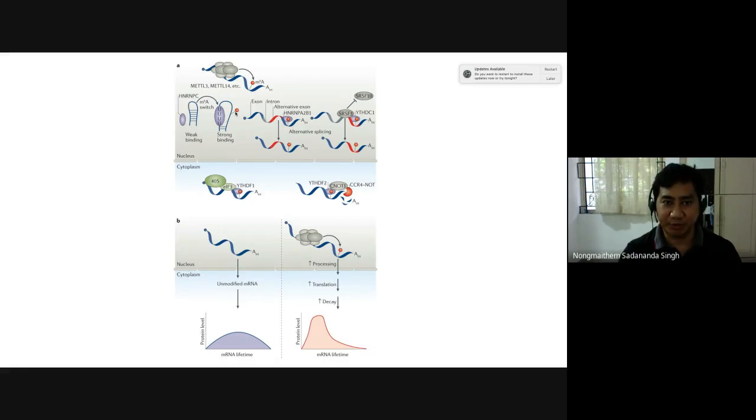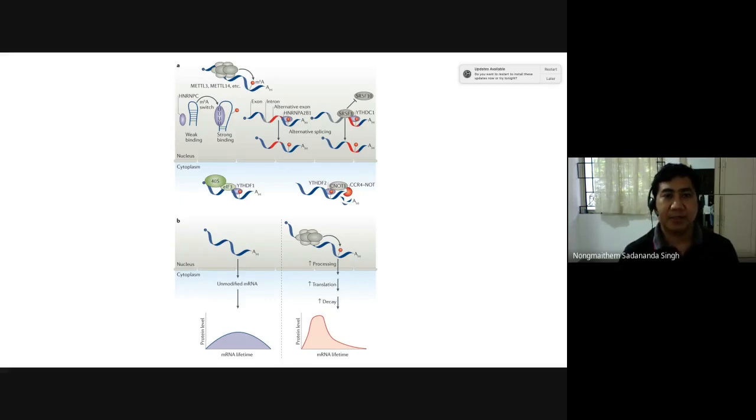So this affects the alternate splicing of many genes, something like SRSF3. So the regulation of splicing can happen through the post-transcriptional modification of the transcript itself.